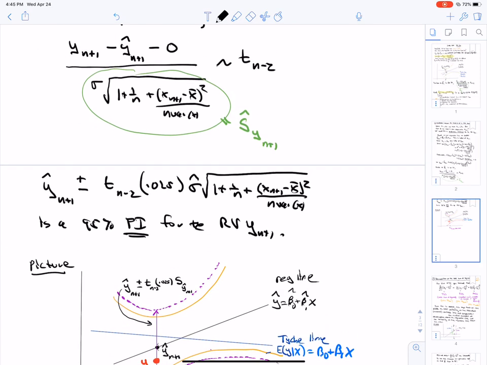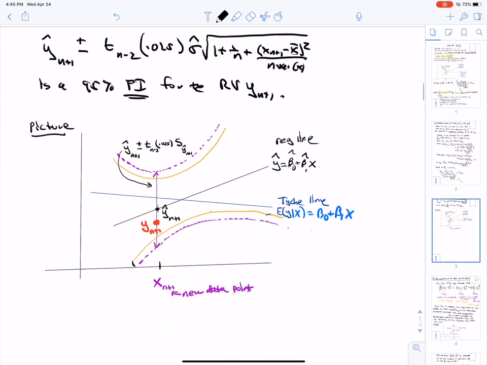So y hat n plus 1 plus or minus t 0.025 times sigma hat times the square root of 1 plus 1 over n plus xn plus 1 minus x bar squared over n variance x is a 95% prediction interval for the random variable yn plus 1. Again, a prediction interval because our new response yn plus 1 is a random variable.